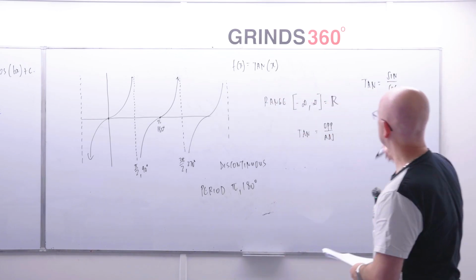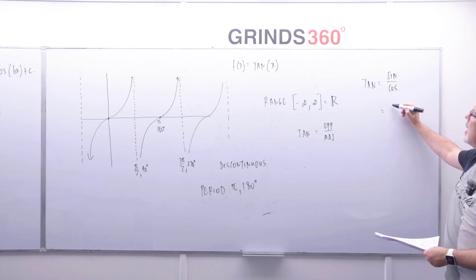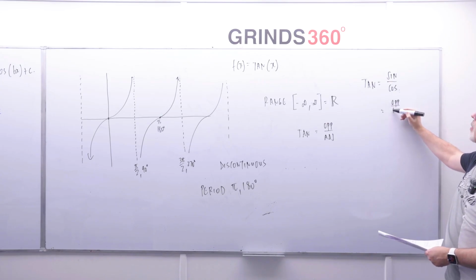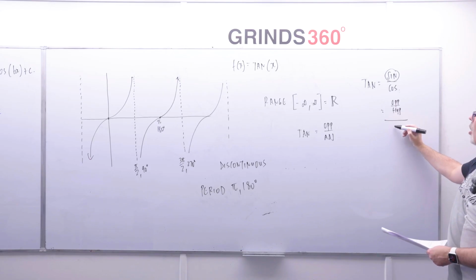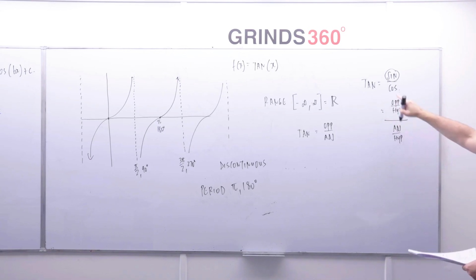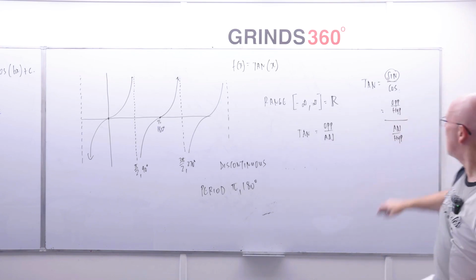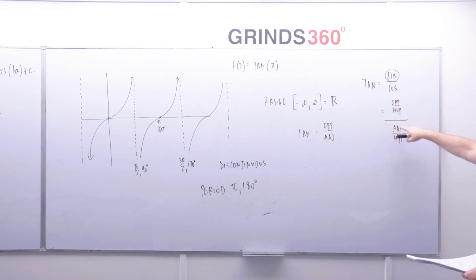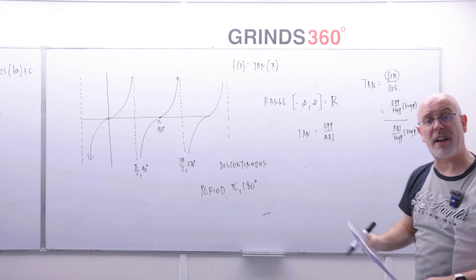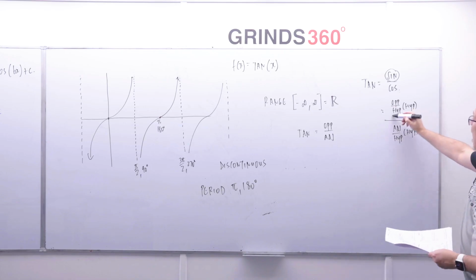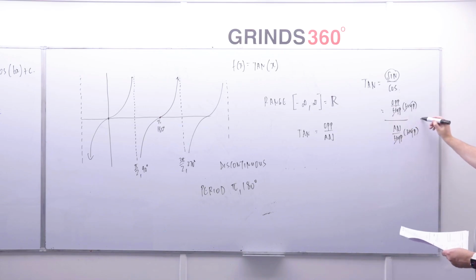Remember what sine is: sine is opposite over hypotenuse, that's what's above the line. And below the line, cosine is adjacent over hypotenuse. So if I divide sine by cosine, I get opposite over hypotenuse divided by adjacent over hypotenuse. If I multiply top and bottom of that fraction by the hypotenuse, because as long as I multiply the top and bottom of a fraction by the same thing, nothing changes, they'll cancel, and so will they, and I just get opposite over adjacent, which is what tan is.